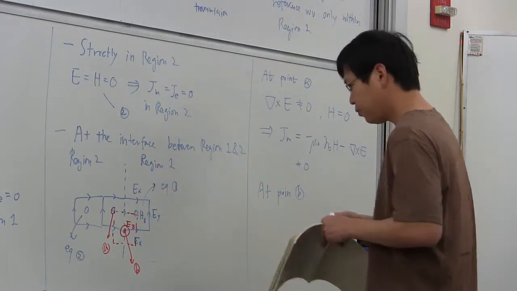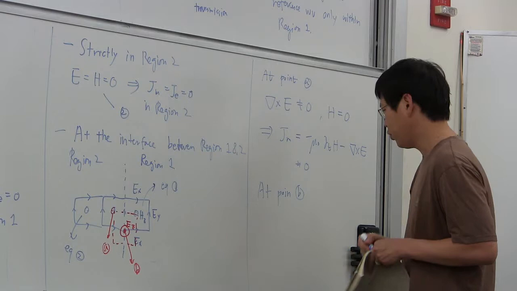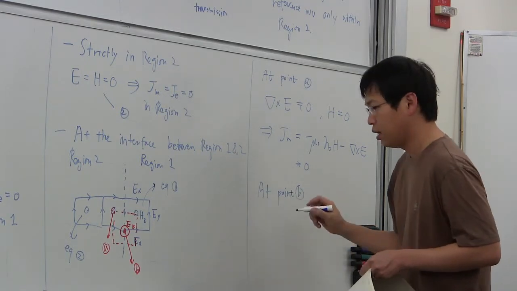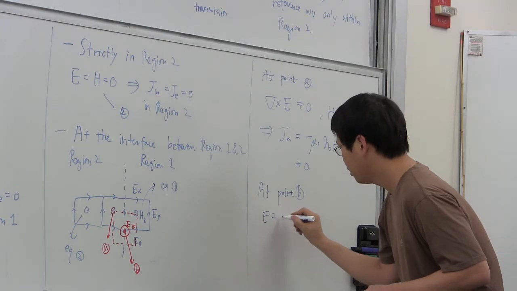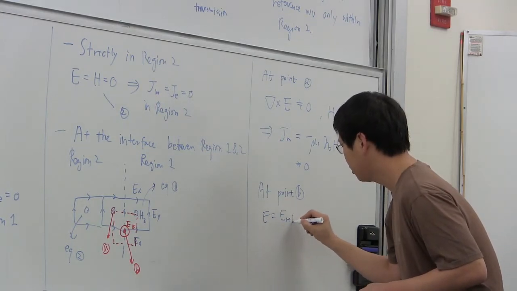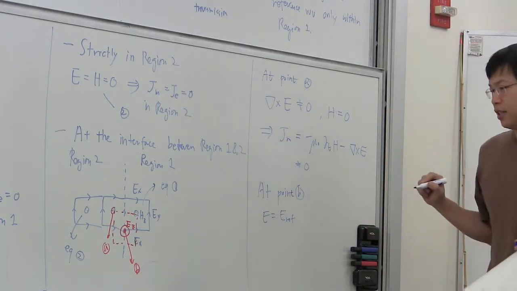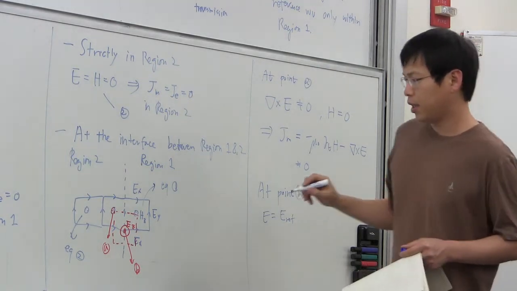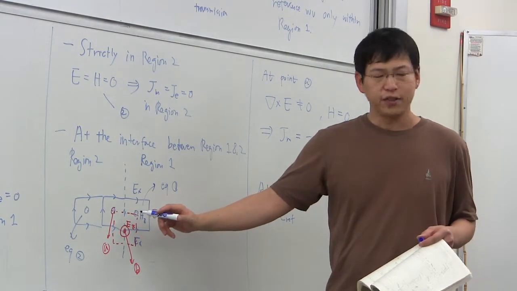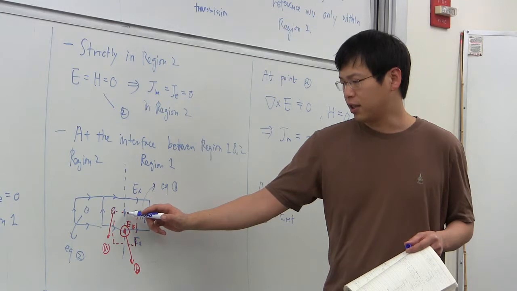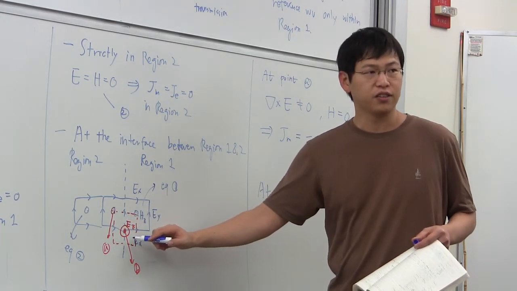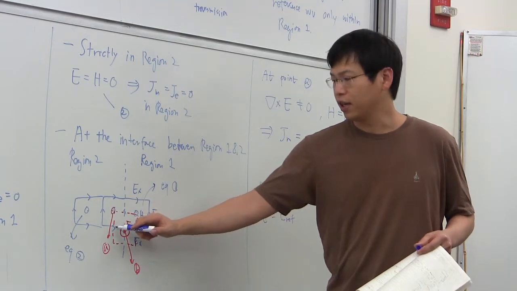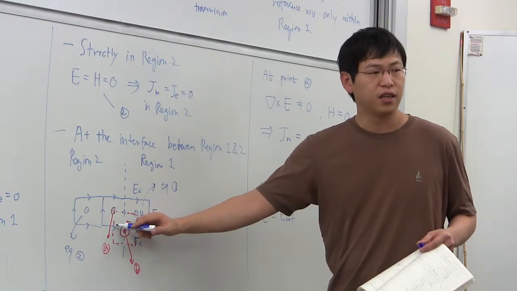So at point B, your E field is still the E field of the reference wave, but the H field is these three H fields here and here and here are the H field of the reference wave, but the H field here is 0.